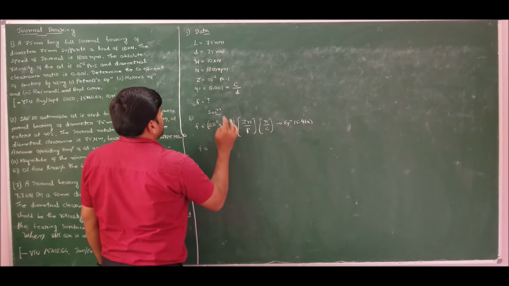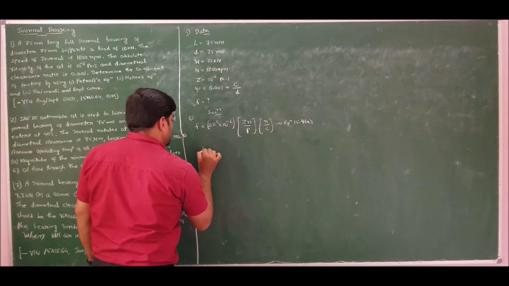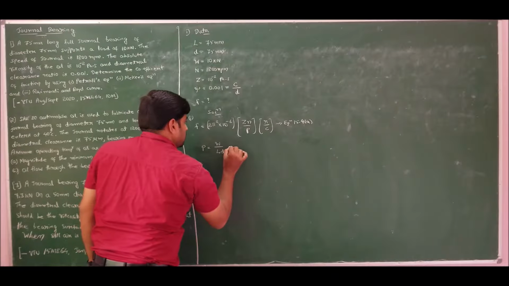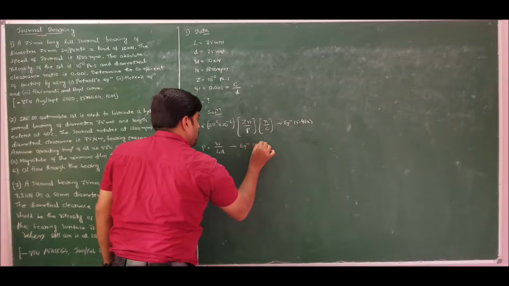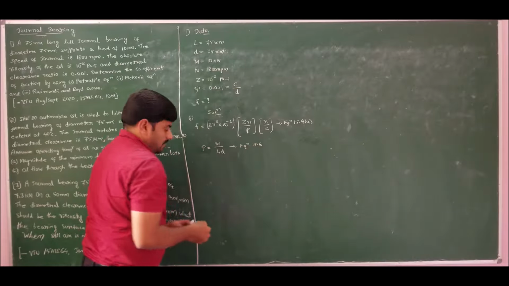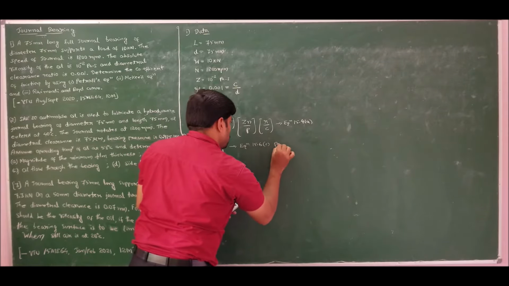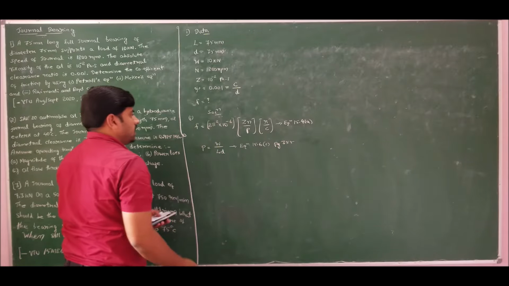Here we don't know the bearing pressure P, so therefore calculate the bearing pressure first. We know that bearing pressure P is equal to load divided by projected area L into D, which is equation 15.6 on page 355 of our data handbook.